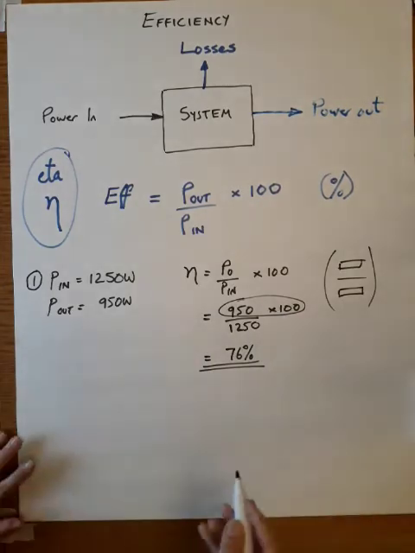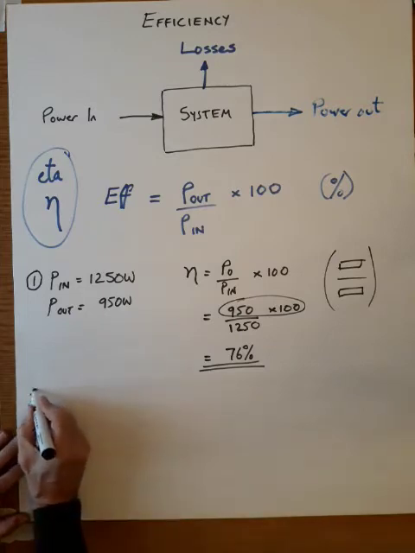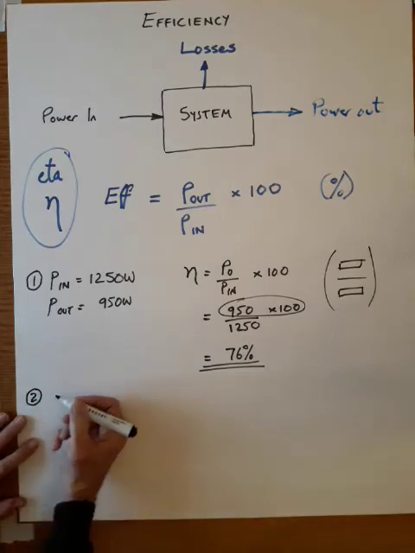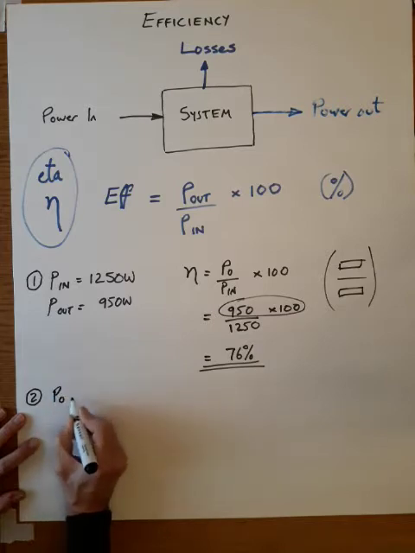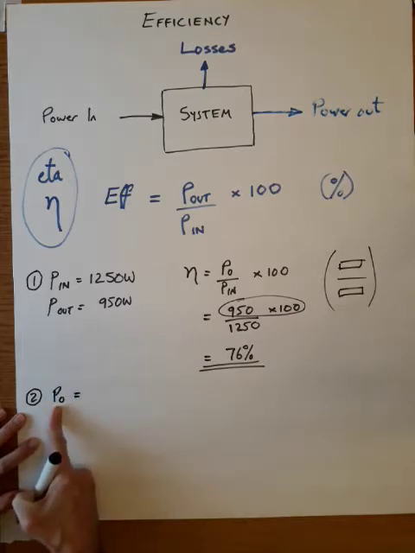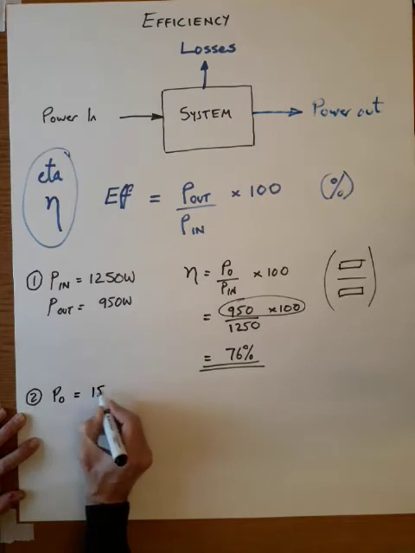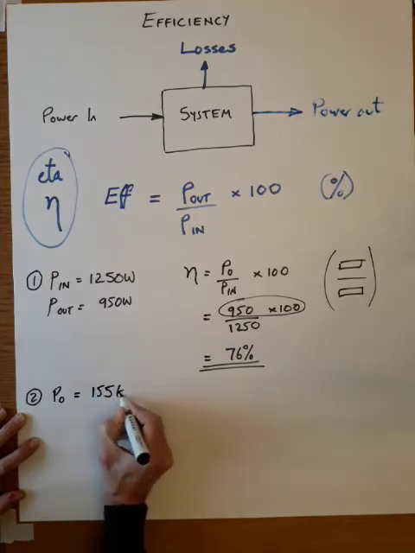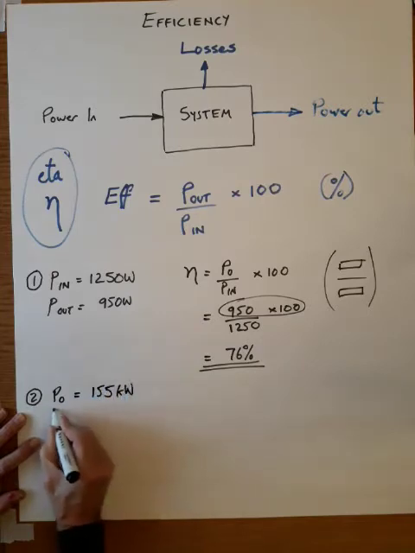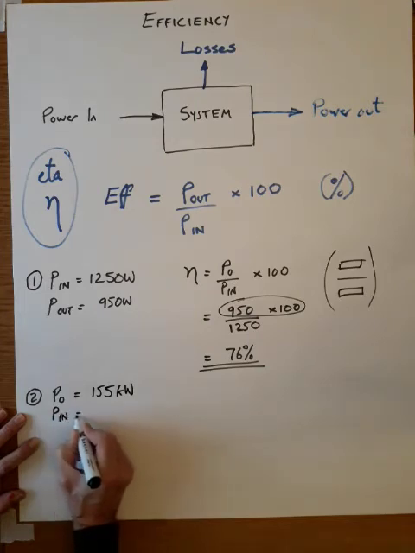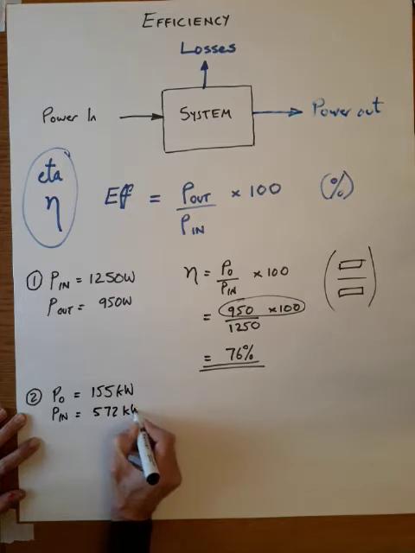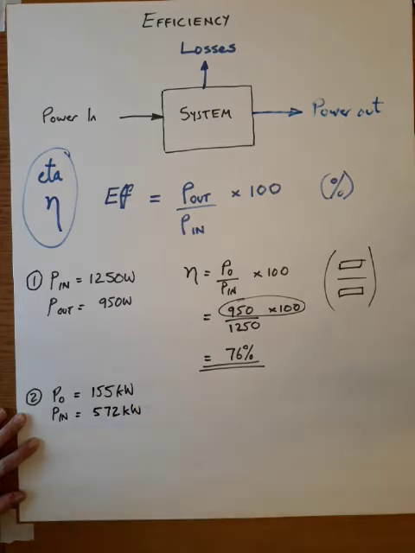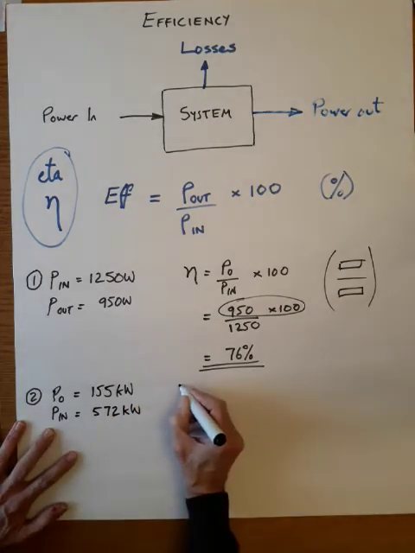Let's do a second example. So in this one, the output power, P out, is 155 kilowatts. The input power is 572 kilowatts. How do you find the efficiency?